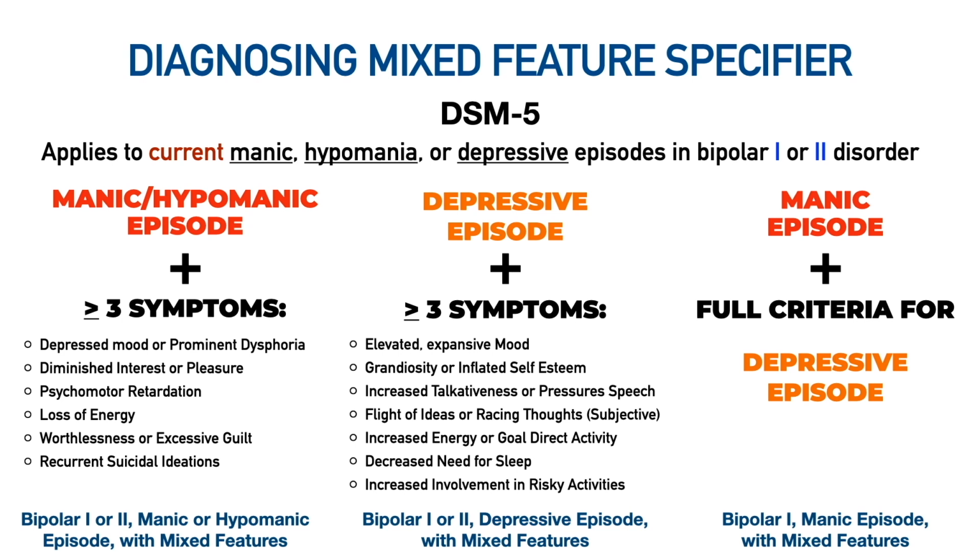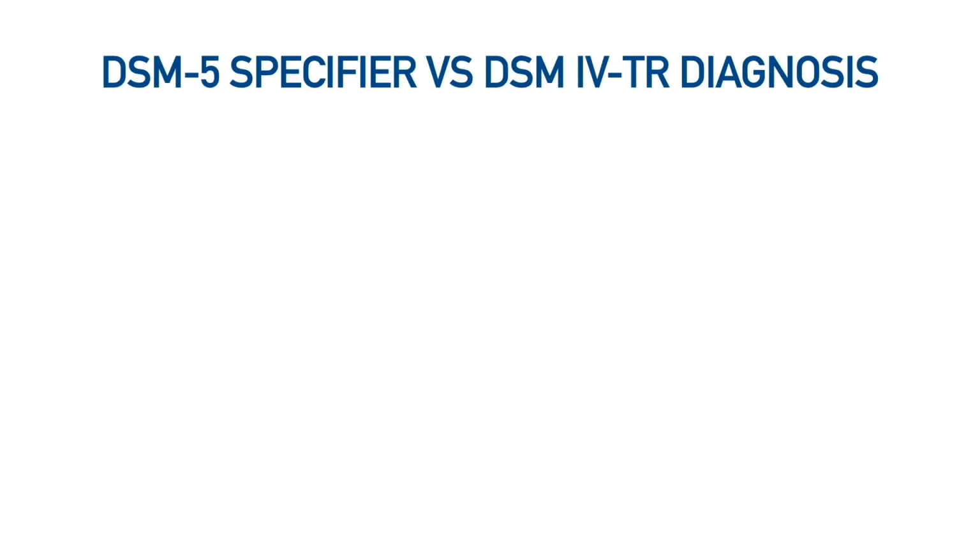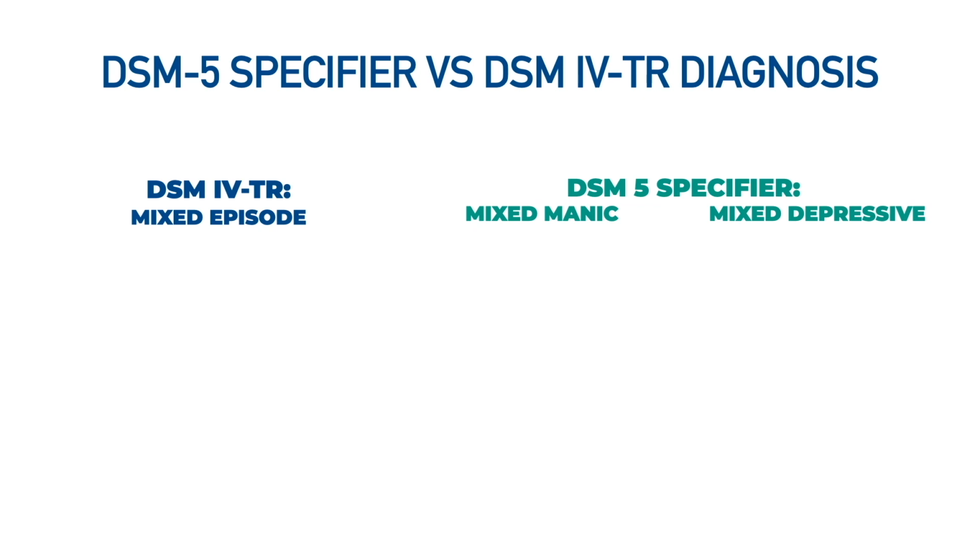Very briefly, I think the talk won't be complete if I don't touch on DSM-4. There was a big difference. DSM-4 gives a diagnosis of mixed episode, and DSM-5 has a mixed manic or mixed depressive specifier now.